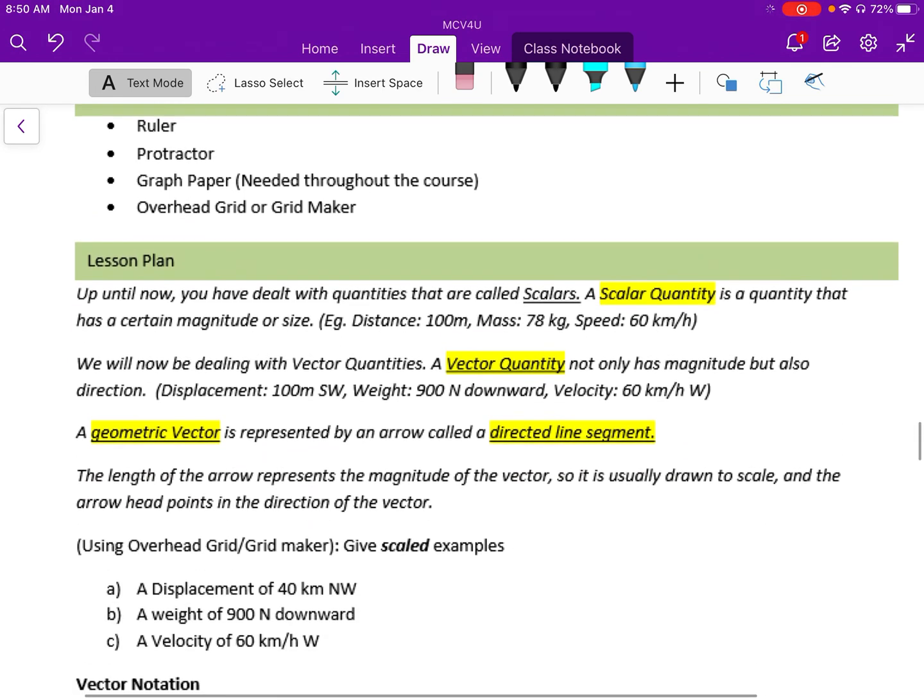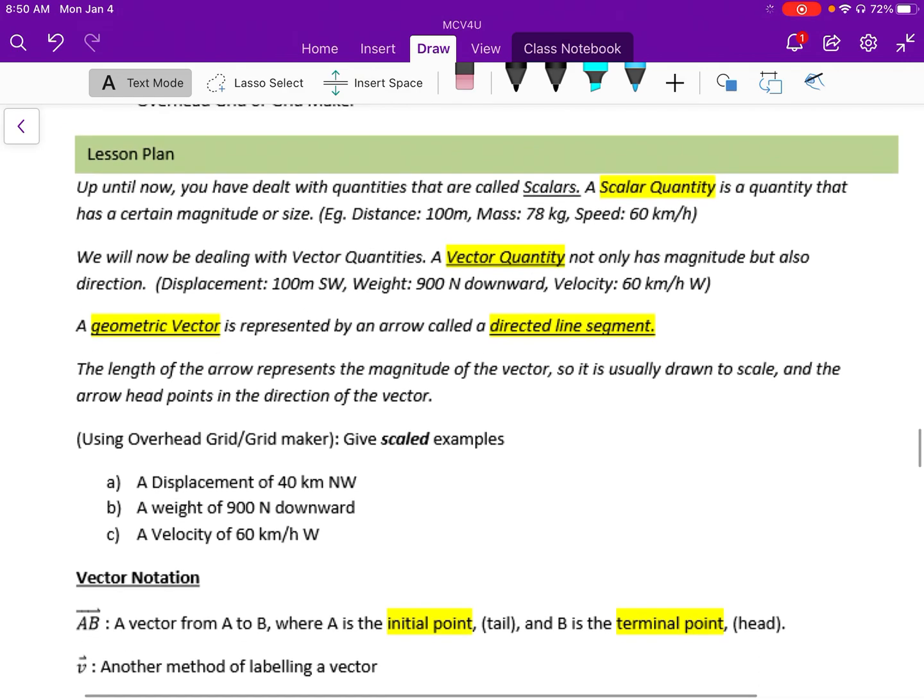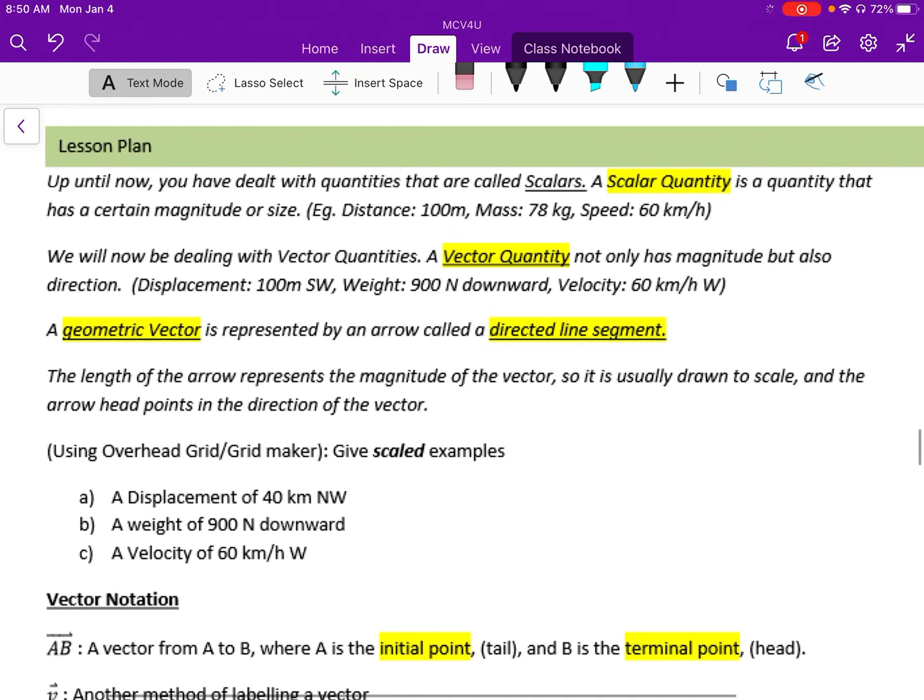So after seeing that, we can see that a vector itself basically has two quantities to it, or two parts. It has a magnitude, but it also has a direction. Scalar quantities, which a lot of you have had in the past, and those of you who haven't taken physics really haven't touched vectors, but scalar quantities just have a magnitude.